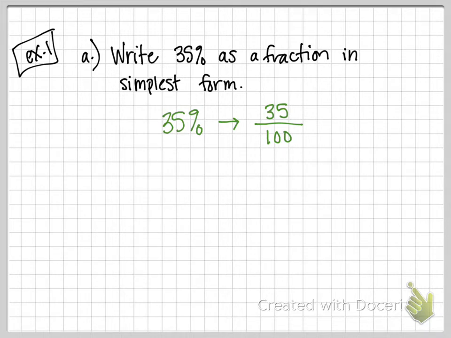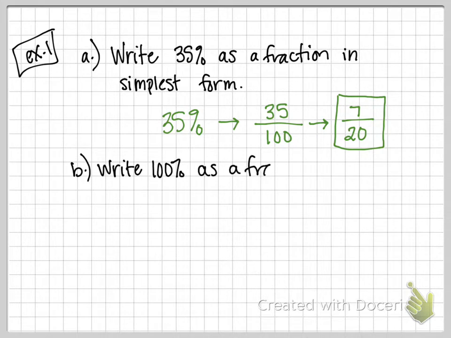Then, as always, with all fractions, we must put it in simplest form. So this is not simplest form. These are both divisible by 5. 35 divided by 5 is 7. 100 divided by 5 is 20. So 35% as a fraction in simplest form is 7 over 20.